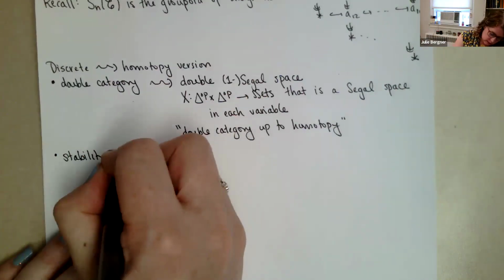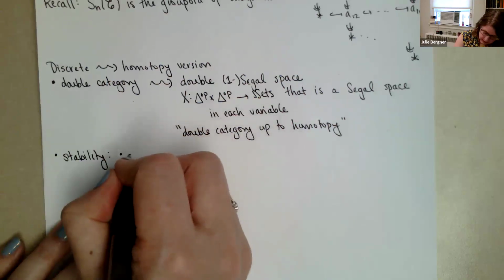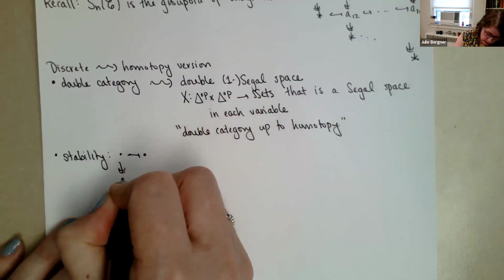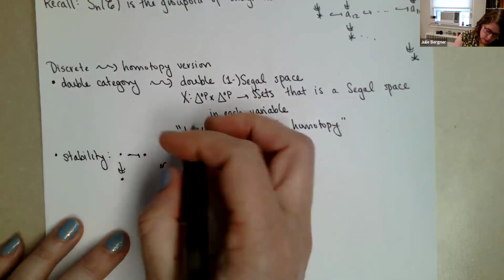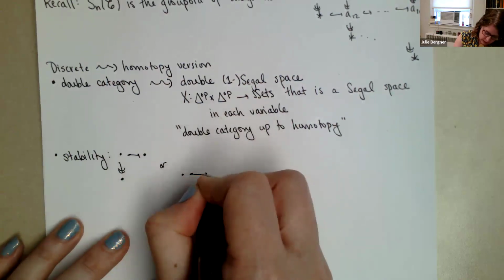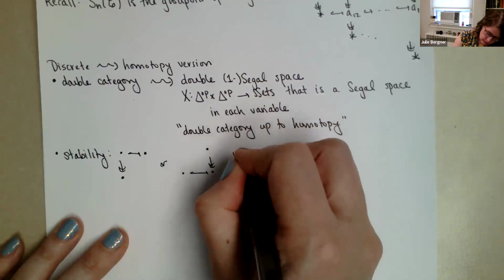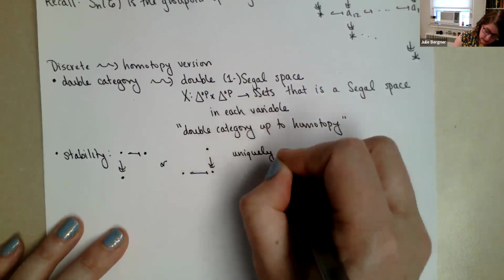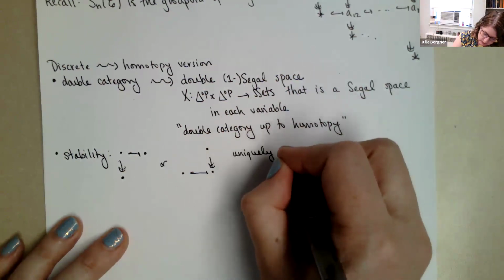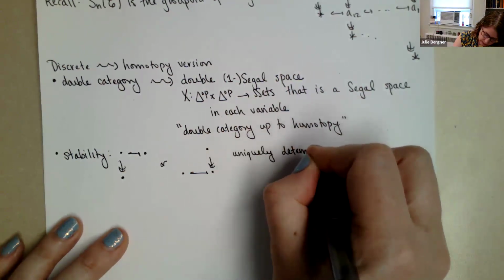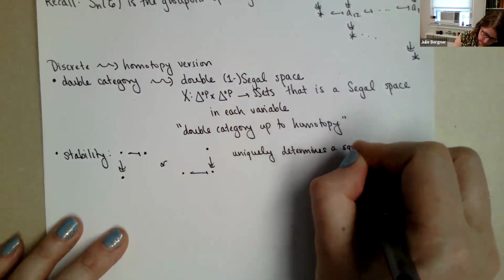In the discrete version, that said, anytime we have a span like this, or a co-span like this, then this uniquely determines a square.